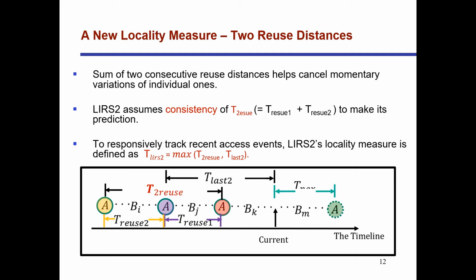It is assumed that there is a consistency between these locality measures, and this t2-reuse is going to be used to separate blocks into hot and cold status. And we propose the LIRS2 algorithm. The LIRS2 locality measure is defined as the larger one of t2-reuse and t-last2, to responsively track recent access events, similar to what is done for LRU.